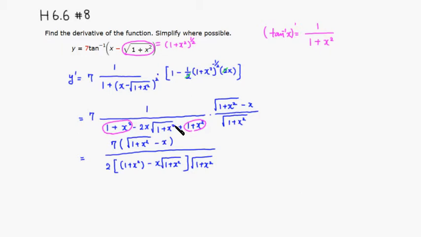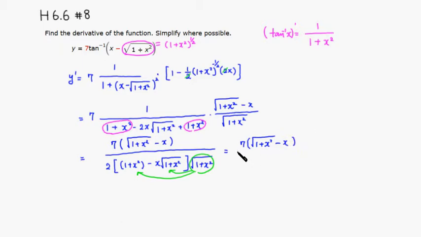Then if you distribute this to both terms, you will get this. You have 7 times square root of 1 plus x squared minus x.